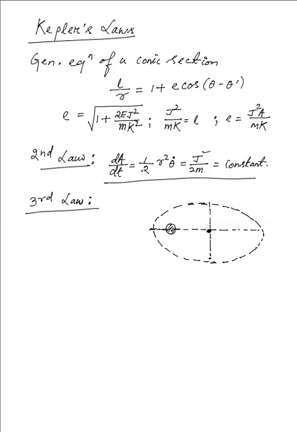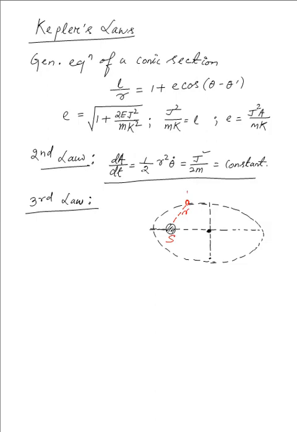More or less, an elliptical path I have managed to draw. And this is the sun at that point that we see over here. Let the planet be at a radial distance r.